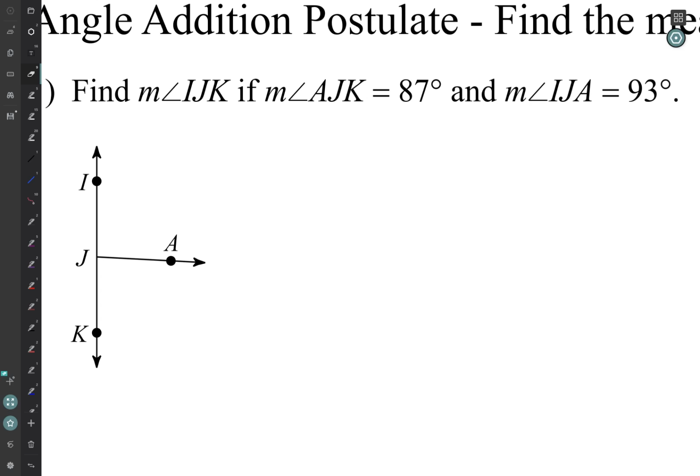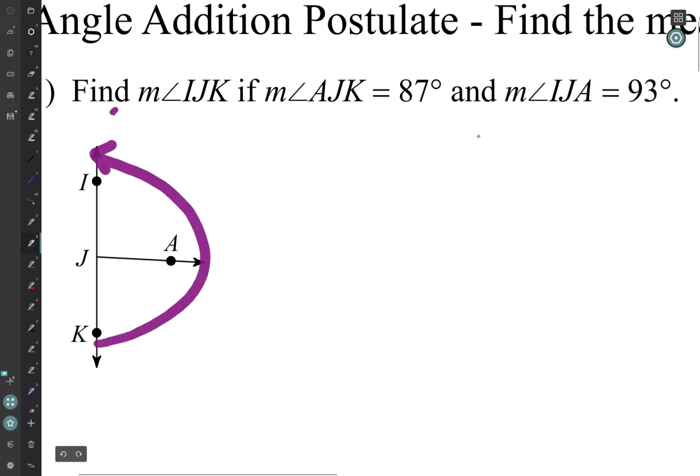Here's the deal. For instance, let's just label this. They want us to find angle IJK. Well, I'm not a big fan of this problem for one reason. That looks like a straight line to me. So right now, I'm going to say it's 180.